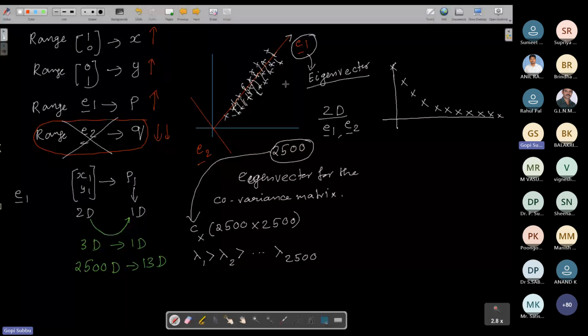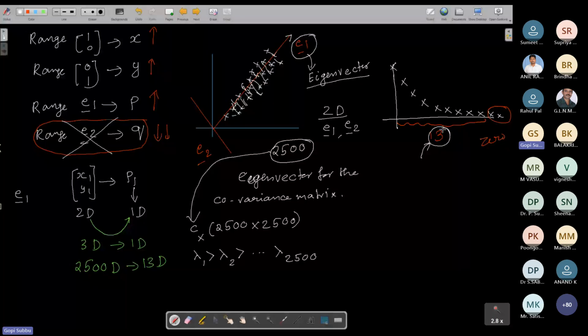Say, after 13 values, the eigenvalues are almost 0. This 13 is an arbitrary number; it depends upon the data and will vary.